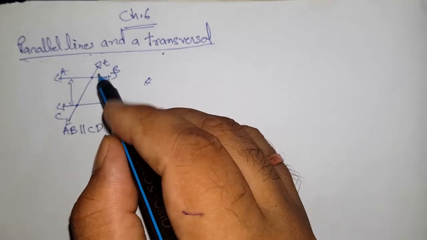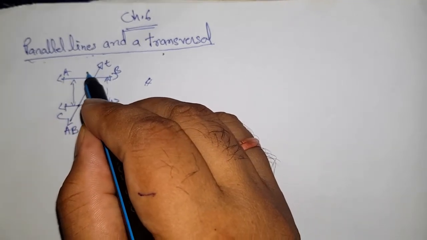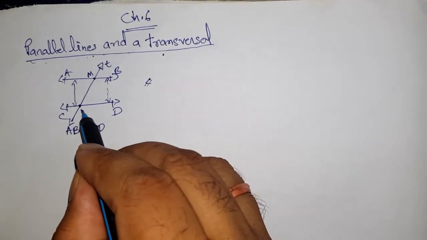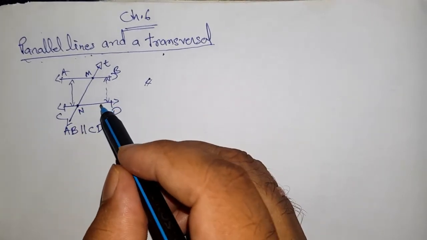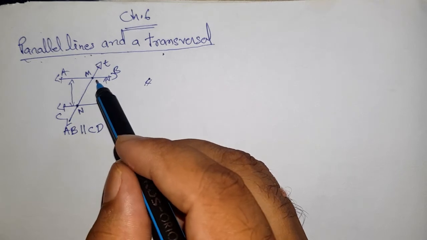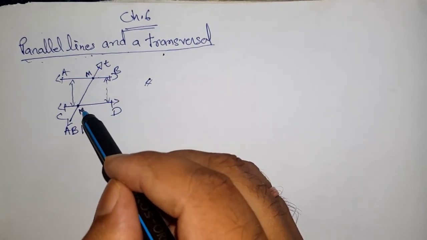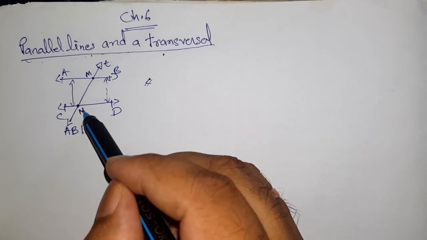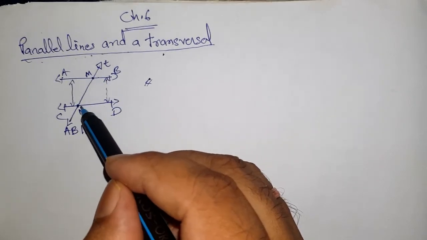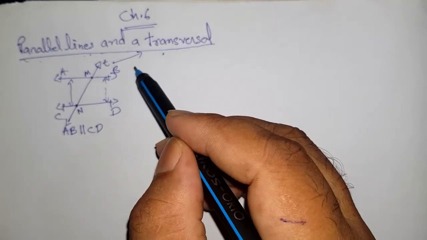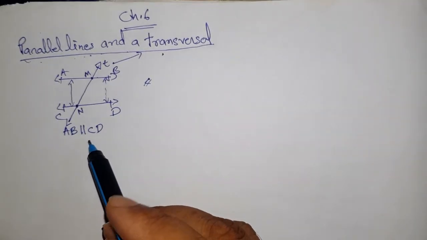AB at M, CD at N. Understood? So whenever a line intersects at 2 points or more than 2 points, this line T is known as a transversal line.